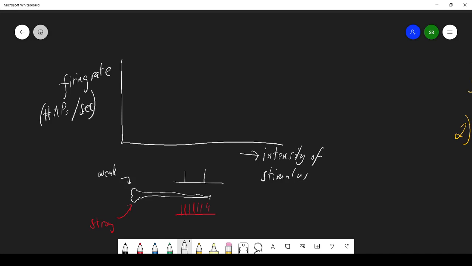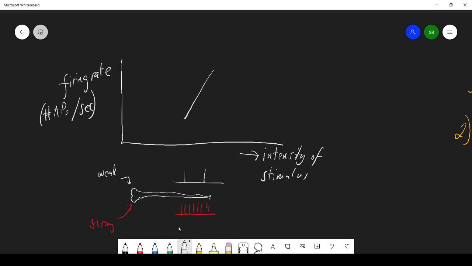So don't get confused, it's not to do with the speed of the action potentials, that's constant. It increases, right? So as I increase the stimulus intensity, the firing rate goes up.